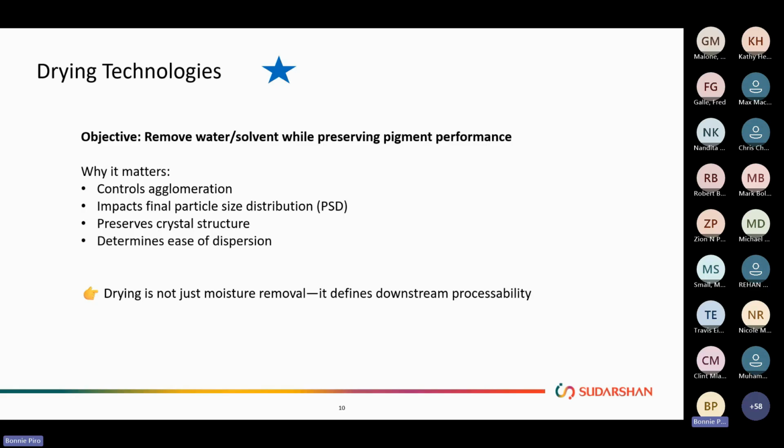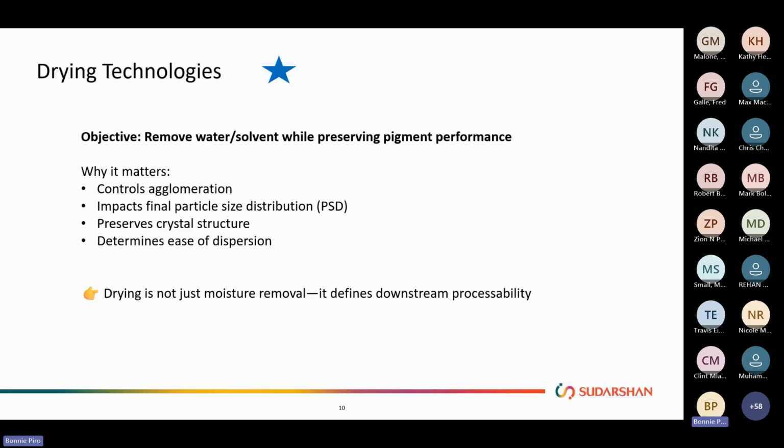And then, of course, it also affects how well the pigment will get dispersed in the end formulation. So all of these are, on paper, just ticks on a sheet, but they are key in terms of how we choose the process technology that's available and match it to the end use.